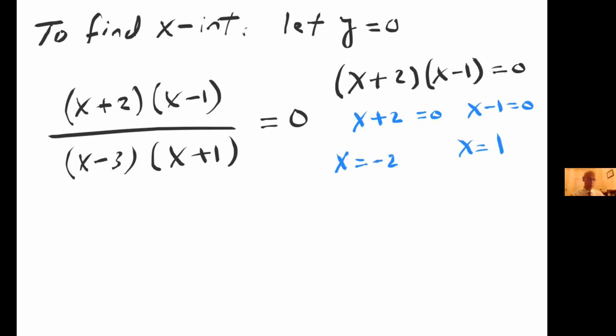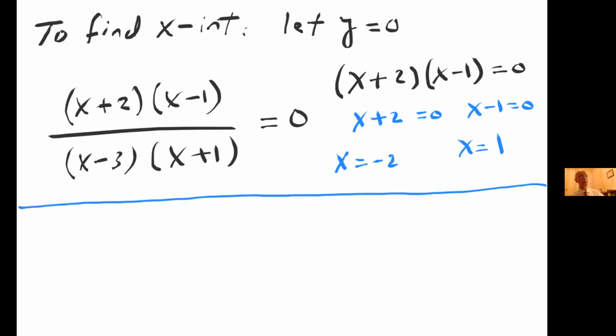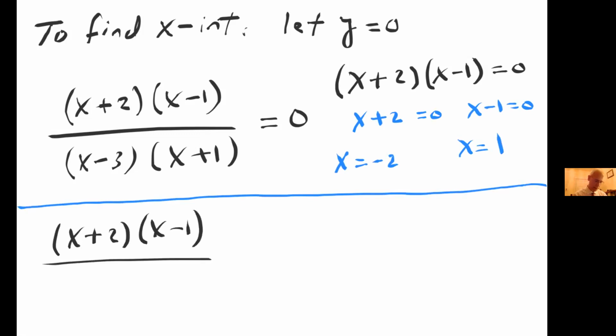Now some of you may ask, why is it sufficient for the numerator to be 0? Here is why. Suppose I say (x plus 2)(x minus 1) over (x minus 3)(x plus 1) equals 0.